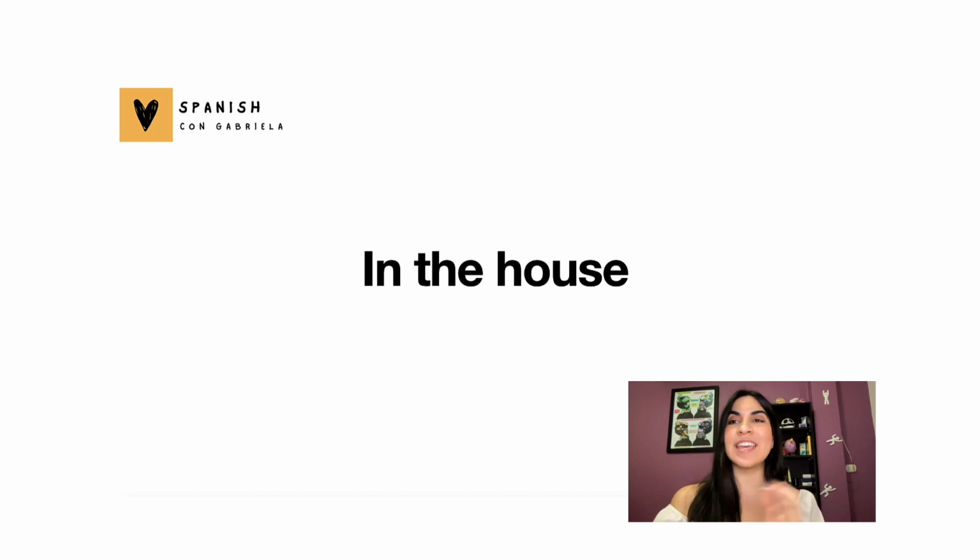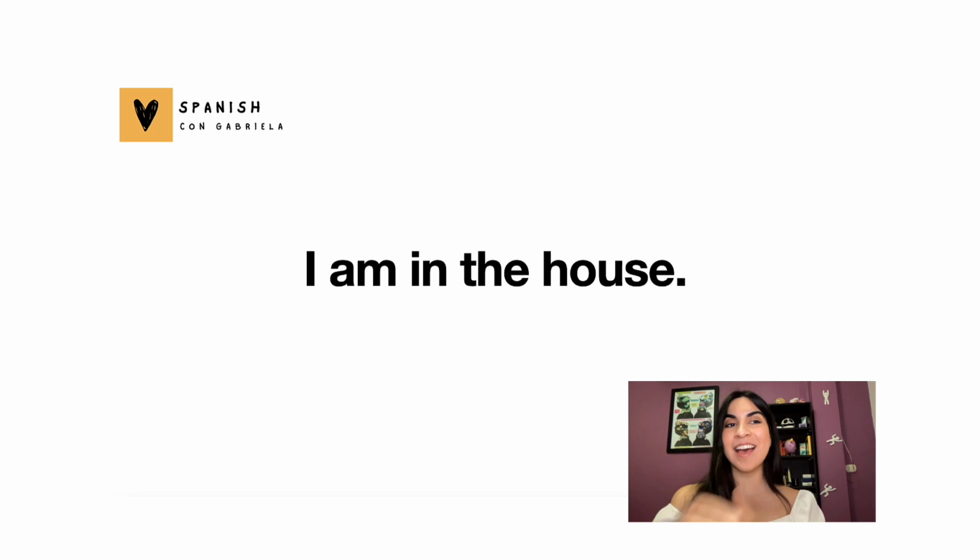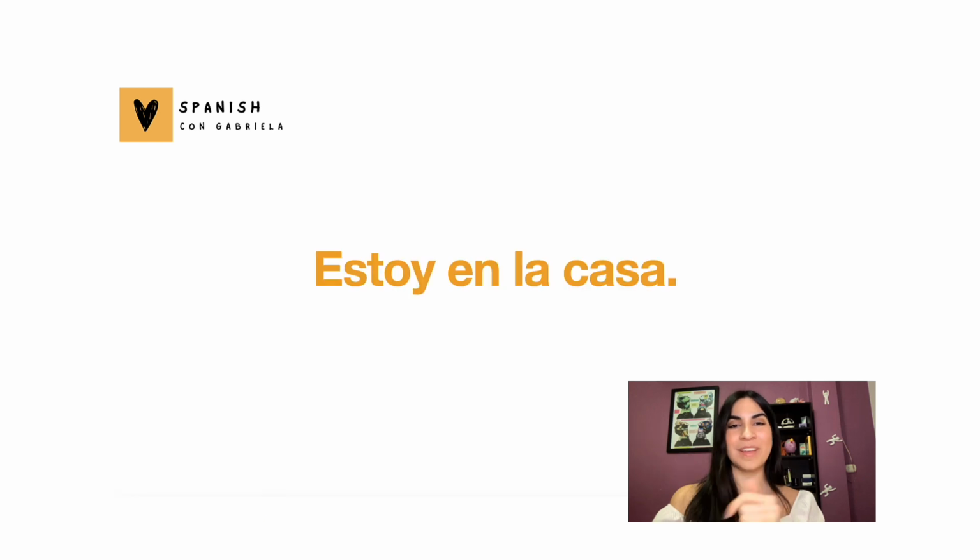How do we say in the house in Spanish? En la casa. So now that we know how to say this, how would you say I am in the house? Perfect. Estoy en la casa. So it's just a temporary situation.